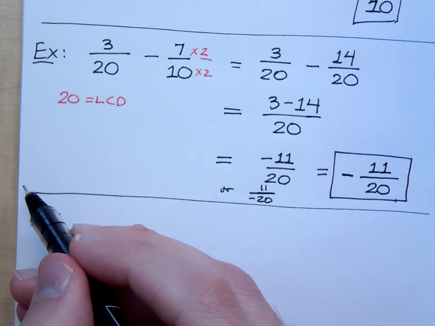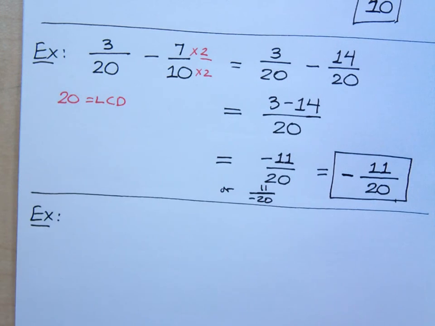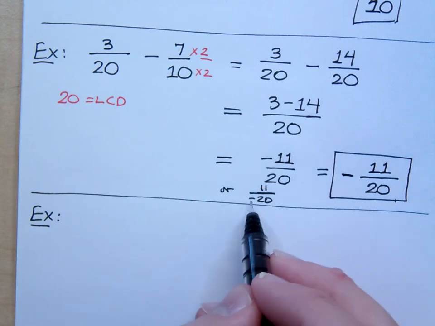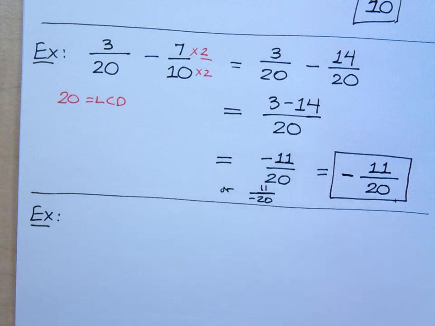Okay? Does that make sense? So we're probably going to stay away from negative denominators, but if they show up, just move that sign out here to the front, just like I have here. But you'll see more of those guys later on.